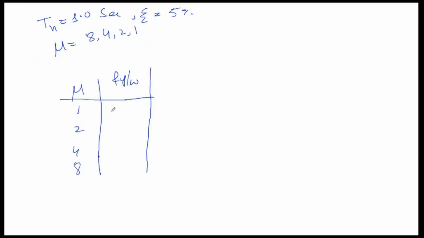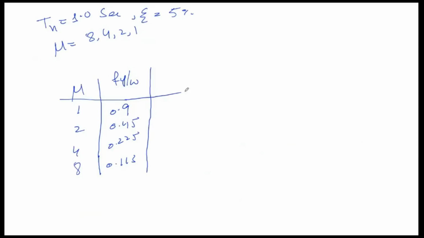If it is elastic, it is equal to 0.9 W. If you reduce by 2, it will become 0.45. If you reduce by 4, it becomes 0.225. It becomes 0.113 when the ductility is 8.